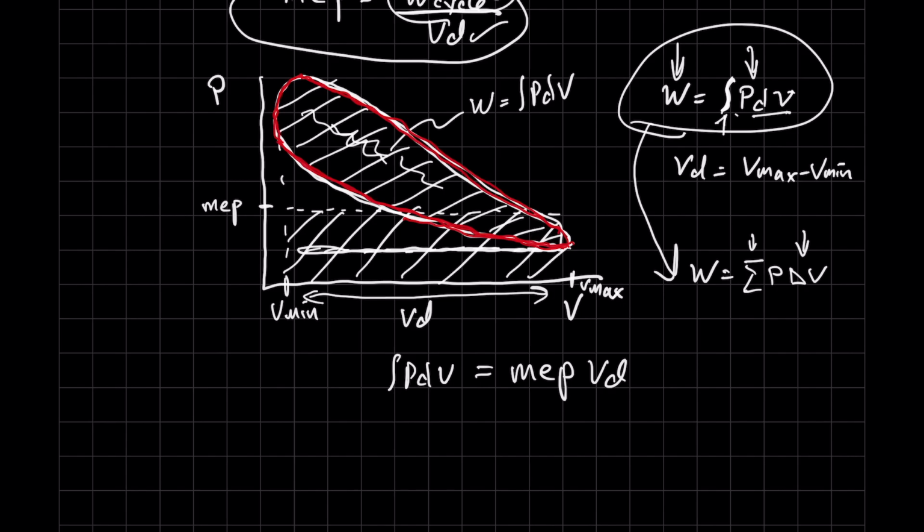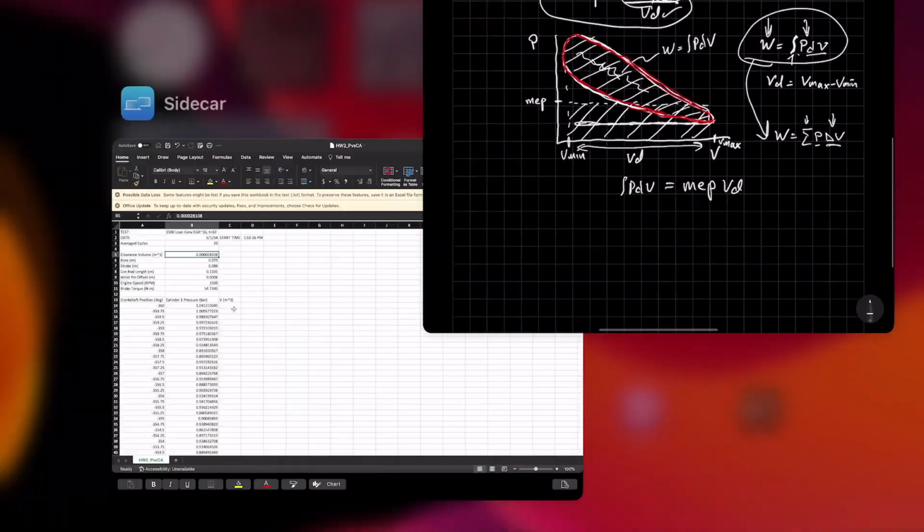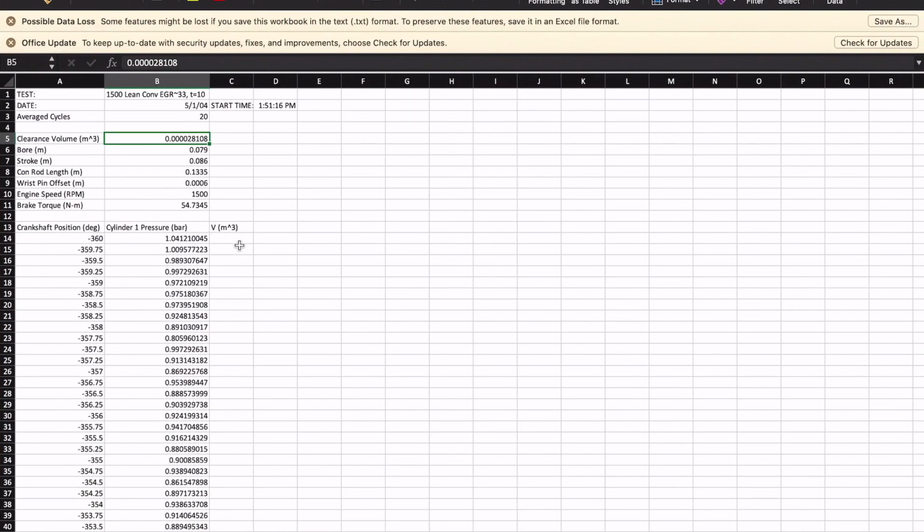And so now what we do is we say, okay, I need to have a pressure times change in volume. I can go back to my Excel spreadsheet, and just like I had the volume relationship, I can create a little work column here.